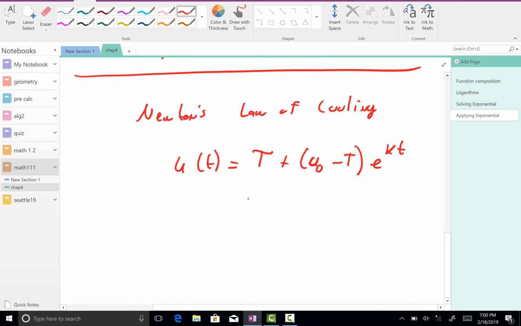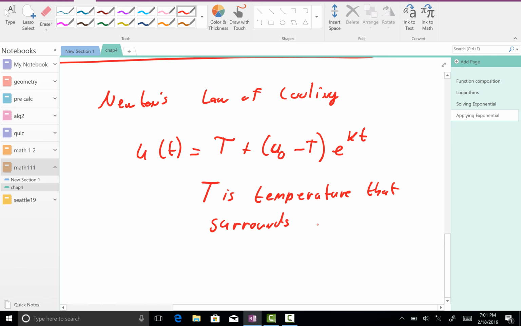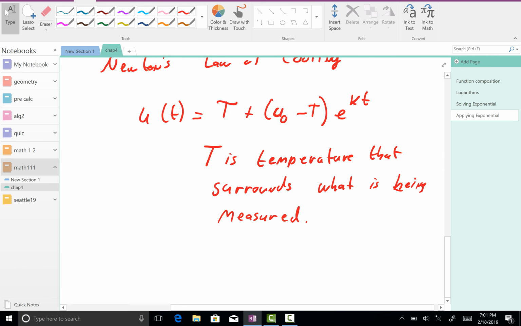So again, T is a constant, the temperature that surrounds what is being measured. And we'll do something like this after break.